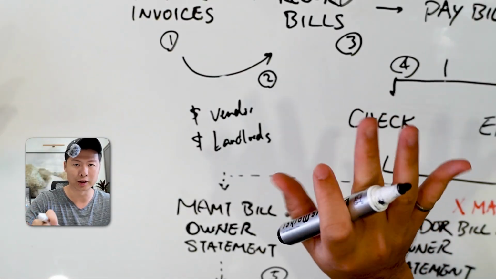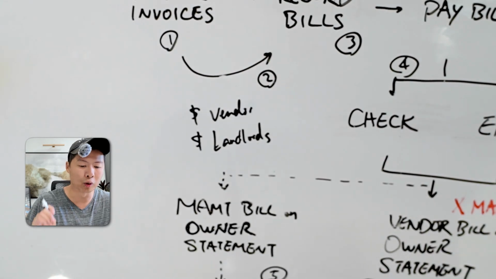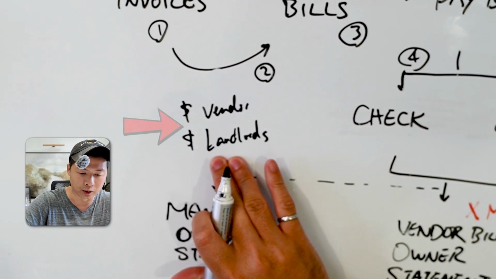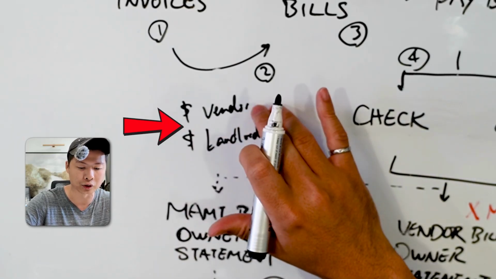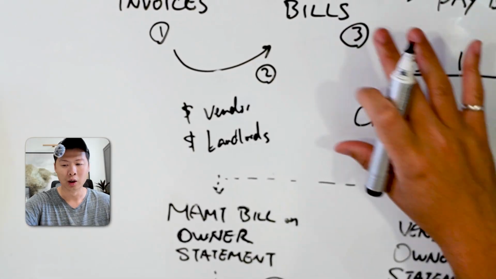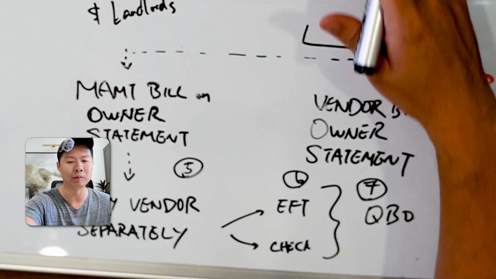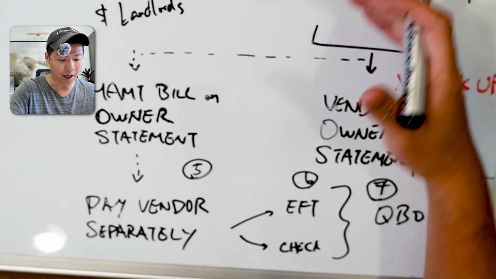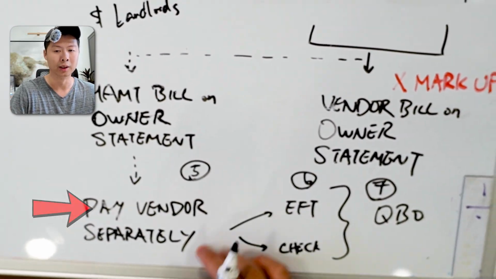One really important step of this whole process is that I'm also giving the AI the charges that I'm going to give to the landlords and also how much we're paying out to the vendors from the invoice here. So once the AI has all the information, the nice thing about this is that I'm no longer worrying about any of this anymore. The next step that I need to do is actually pay the vendors separately right here.